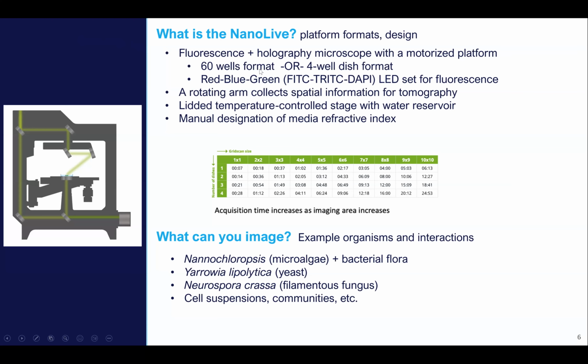There are also FITC, TRITC, and DAPI LED sets for fluorescence at different wavelengths.